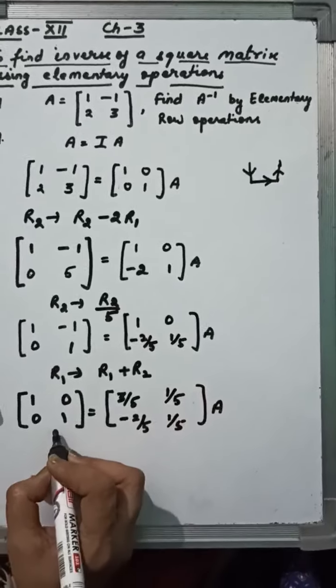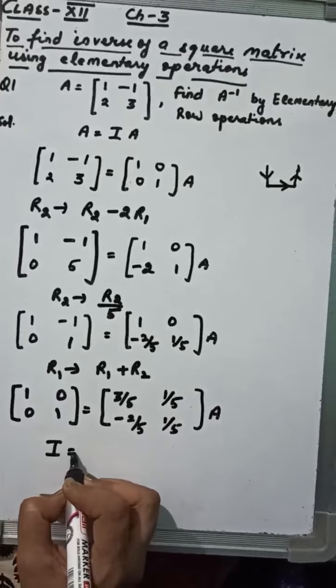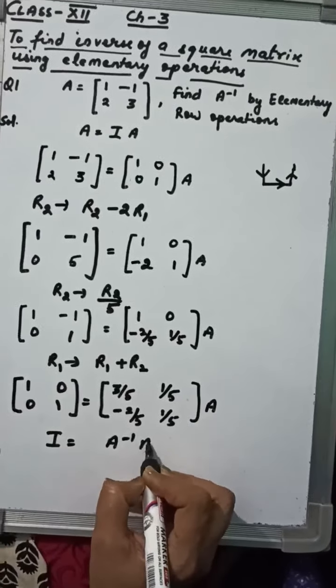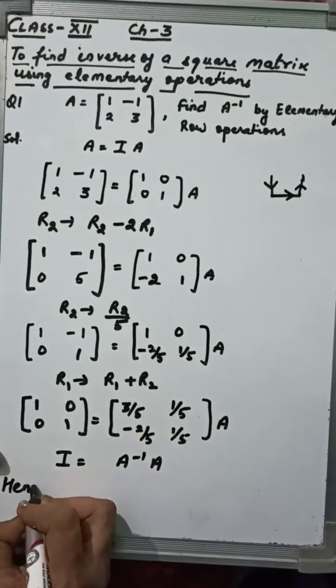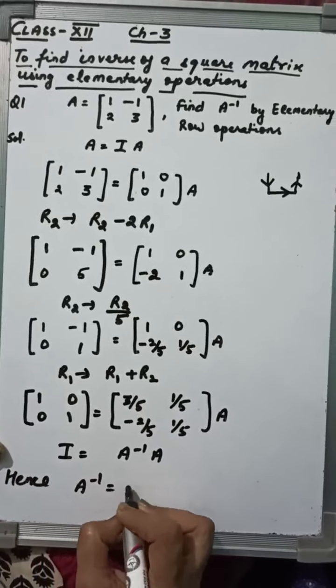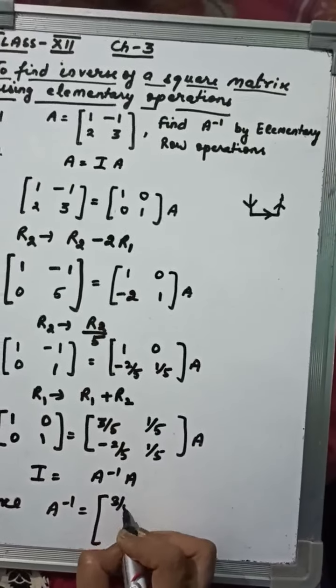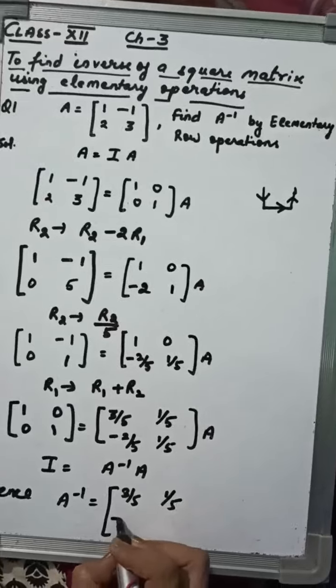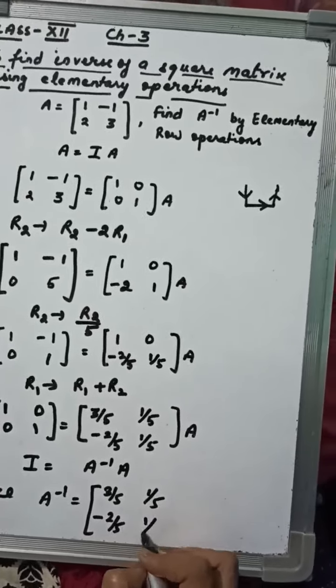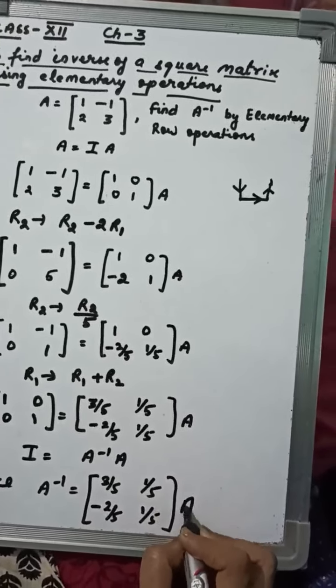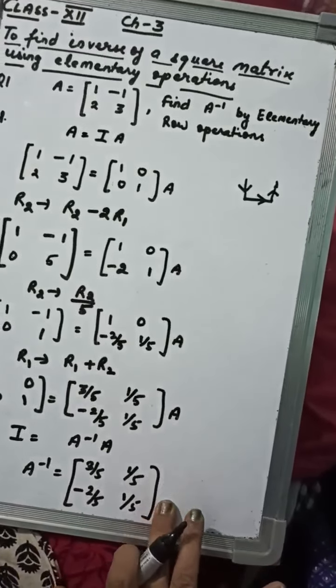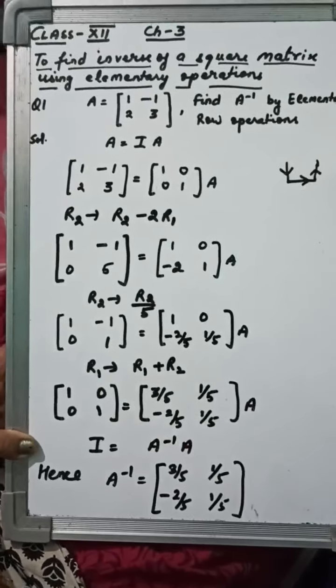So as we get this as identity matrix, this will be the inverse of A. So hence A inverse is 3 by 5, 1 by 5, minus 2 by 5. So A inverse is this matrix.